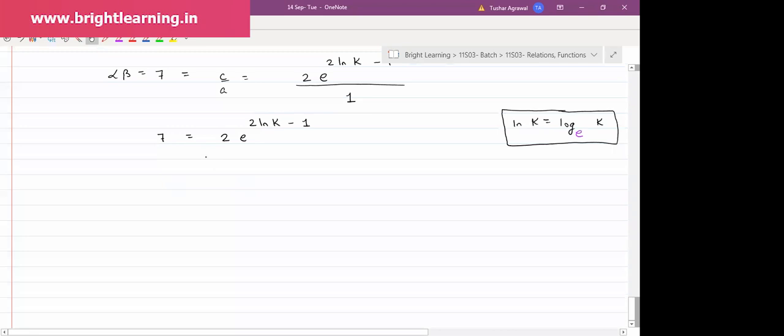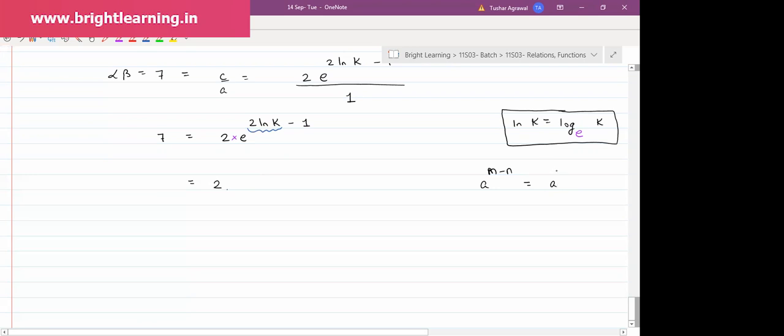So now this is equal to 2, as it is. E raised to the difference of 2 powers: e raised to 2 log k, subtraction 1. In exponents we know a raised to m minus n.